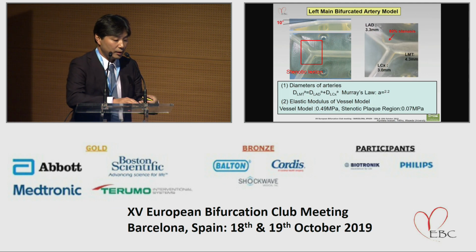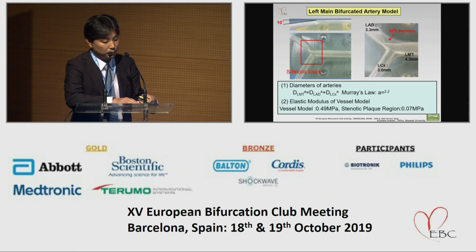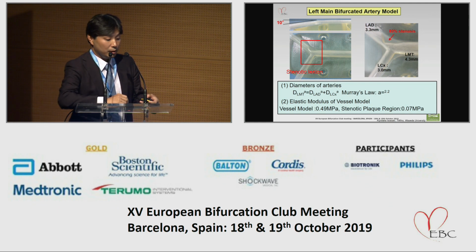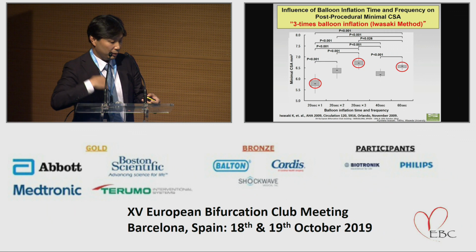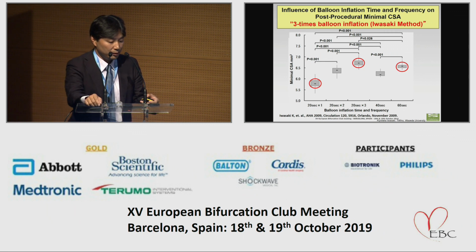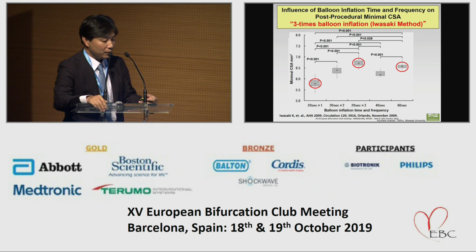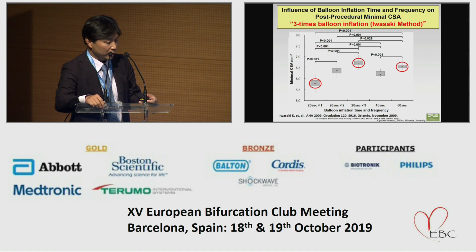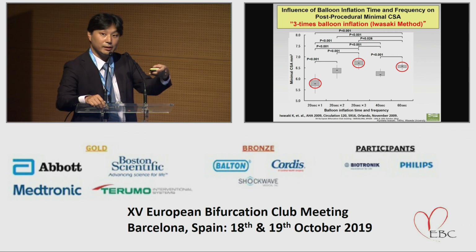So we use the left main bifurcation model as shown here. The diameter of LMT is 4.3, LAD is 3.3 and CX is 3.0. We already know that 3 times balloon inflation of the stent is effective for acquiring minimal cross-sectional area even under the same inflation pressure, and it has already been proven by real-world clinical practice.